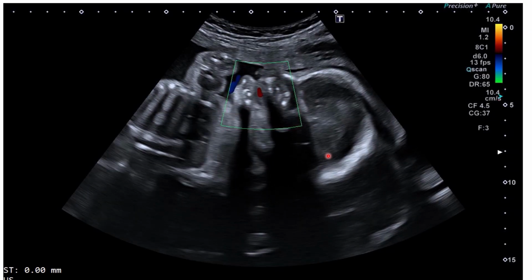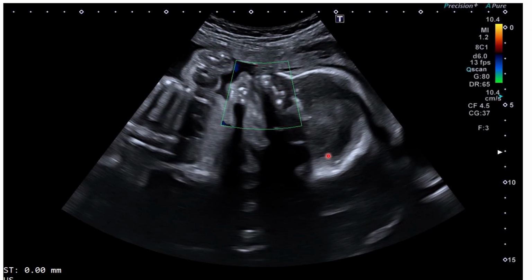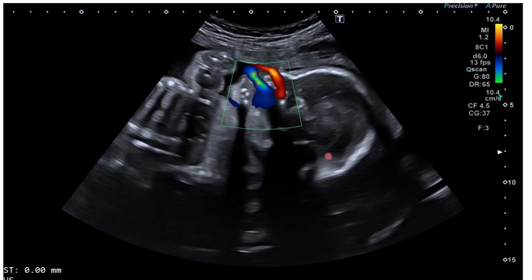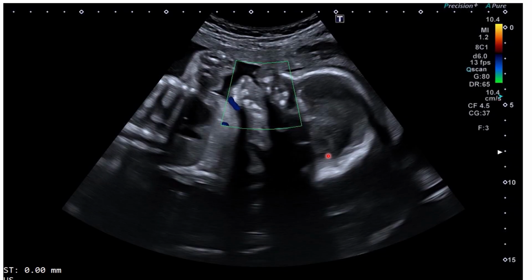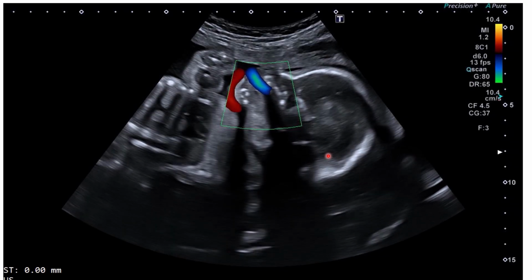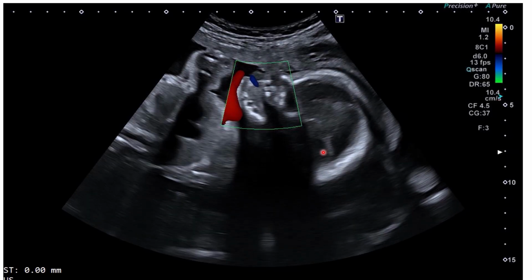So there's a lot more that you can do in terms of fetal assessment. When you're doing the fetal biophysical score, you must check the tone and the fetal breathing.